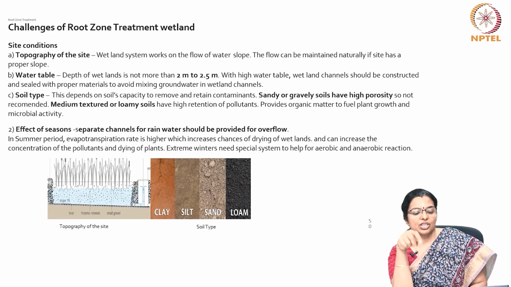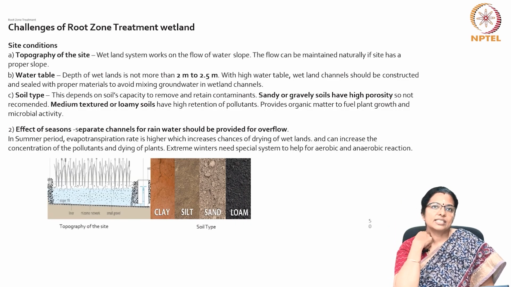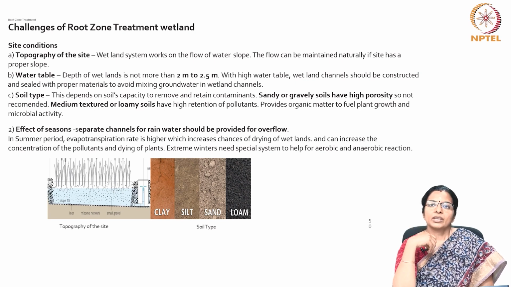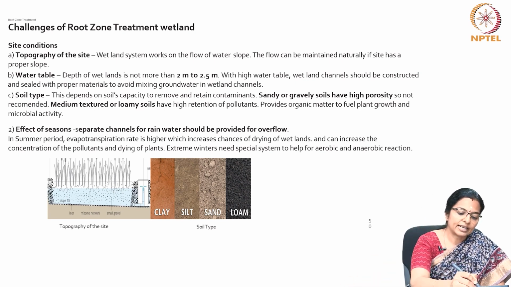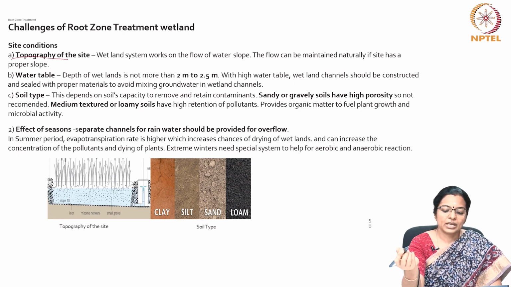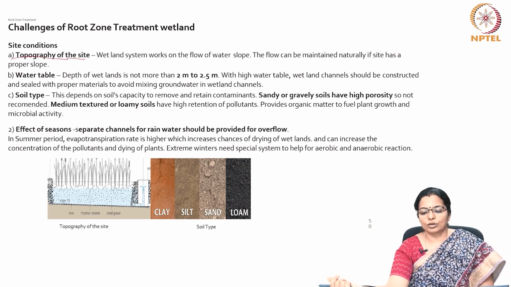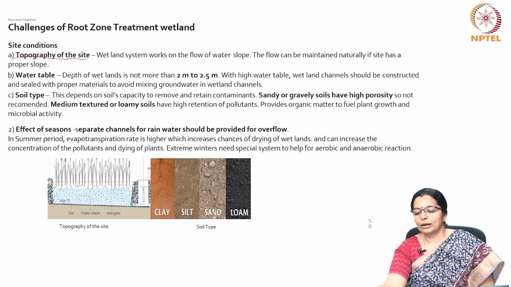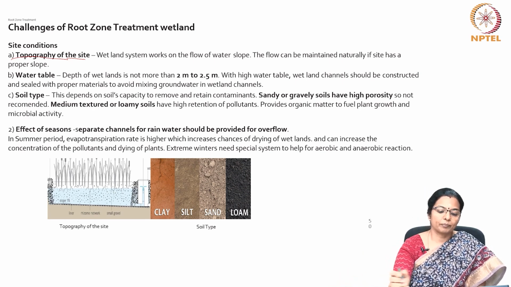Let us look at the challenges of root zone treatment wetland. First is the site condition. The topography of the site is an important criterion. So, wetland systems work on the flow of water along a slope. The flow can be maintained naturally if the site has a proper slope.